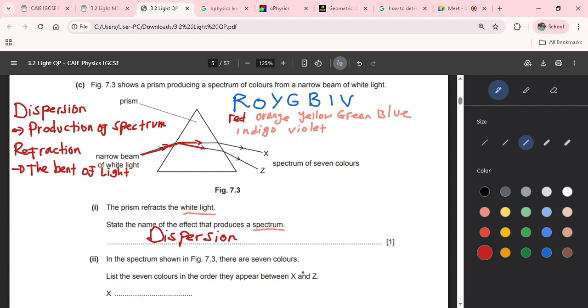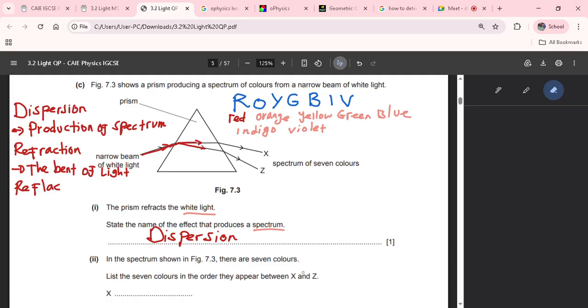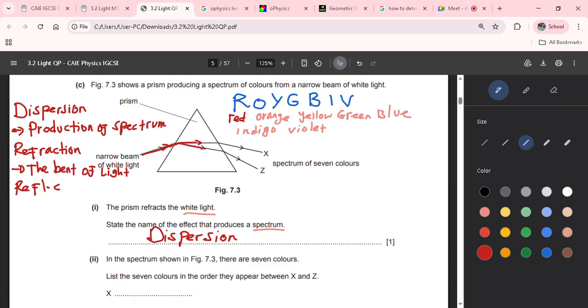And there is also reflection. Reflection is the reflecting of light, where the angle of incidence is equal to the angle of reflection. And the last one is diffraction.